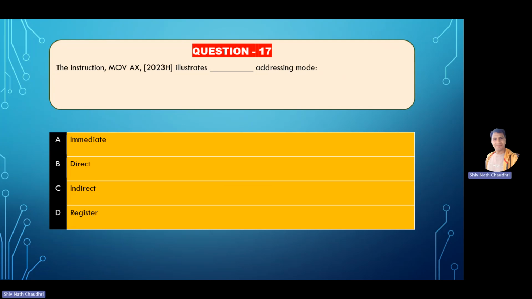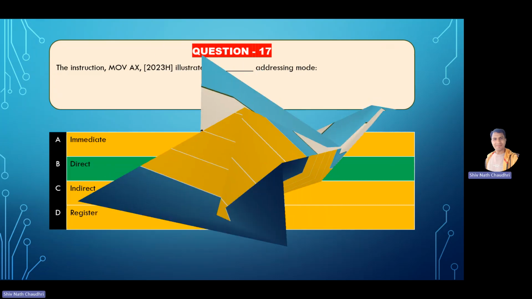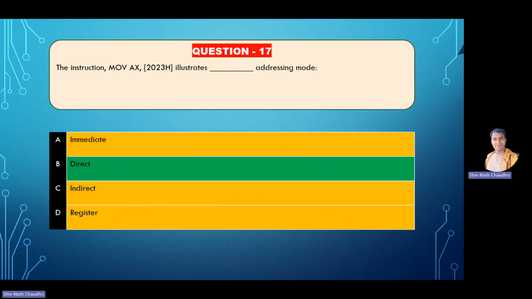This example relates to the direct addressing mode because here we are giving the 16-bit data for address purposes. Yes, this is an example of direct addressing mode in 8086.